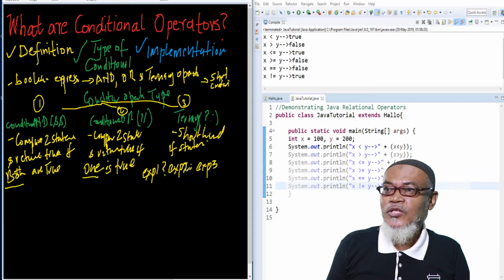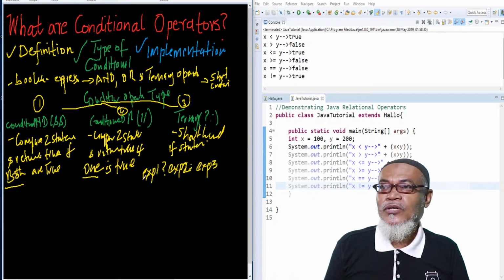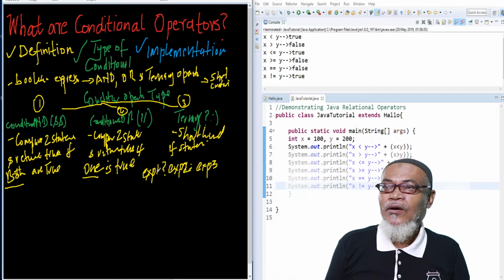So only if expression 1 is true do we execute expression 2, and if it is not true we execute expression 3.